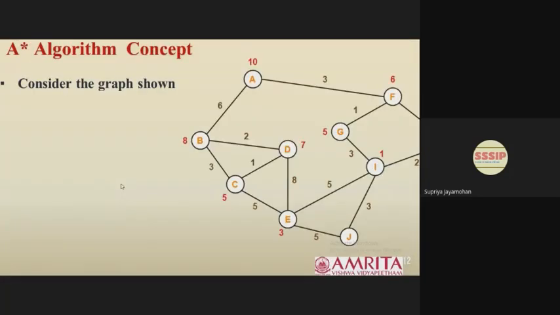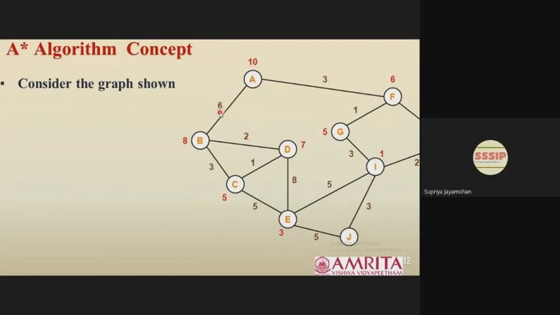So let us go on to the graph which I was mentioning. Here, if you see, we have got several nodes. The first node is A, then we have B, C, D, E, F, G, H is lying outside, I, and J. So here we have 10 nodes as I mentioned, and you would see several values are available.